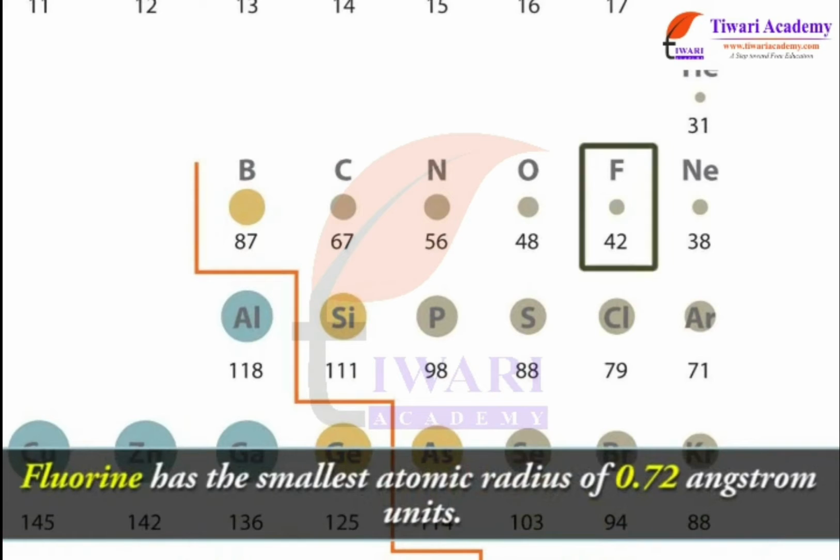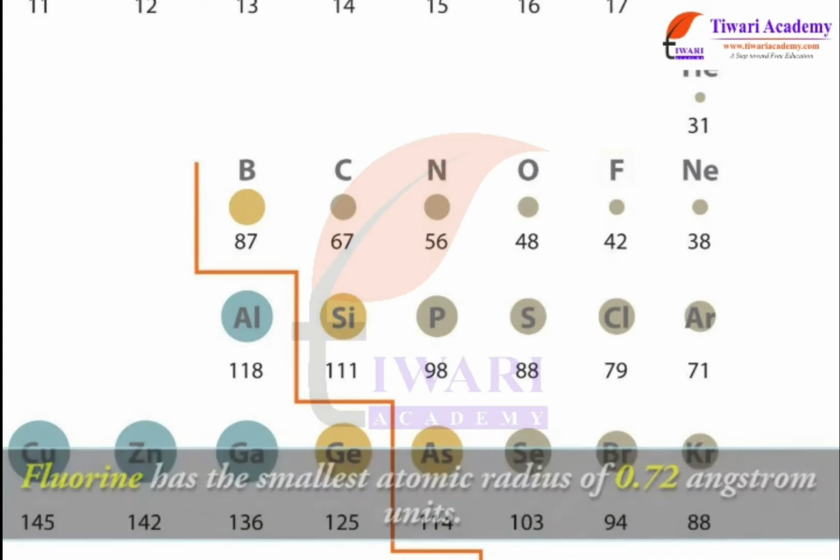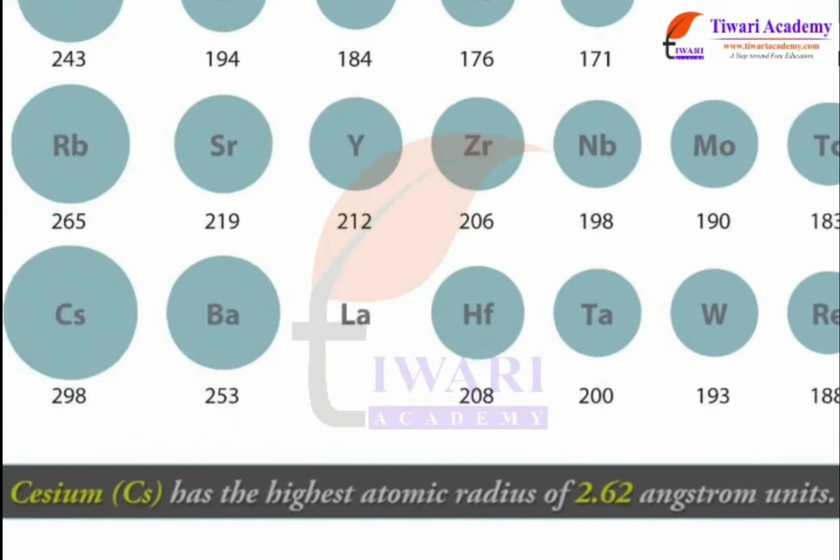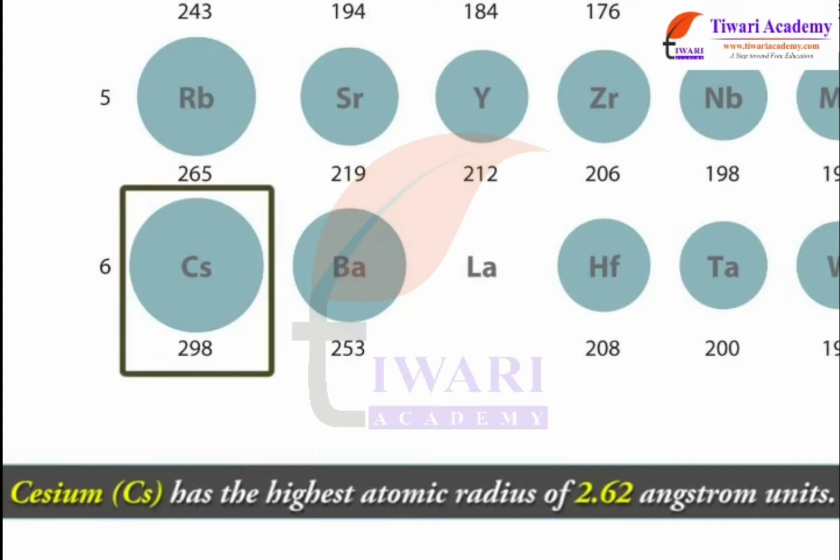Fluorine has the smallest atomic radius of 0.72 angstrom units, while cesium, Cs, has the highest atomic radius of 2.62 angstrom units.